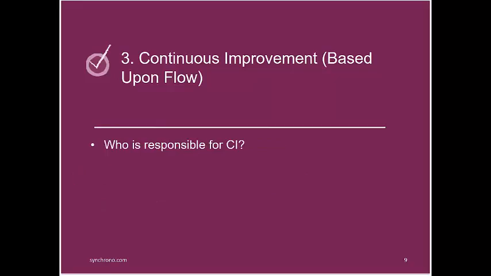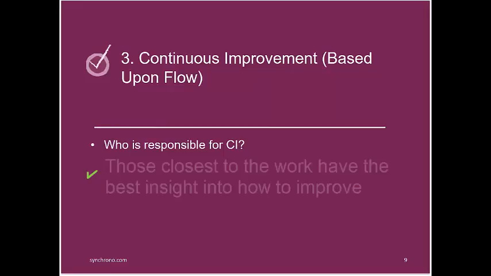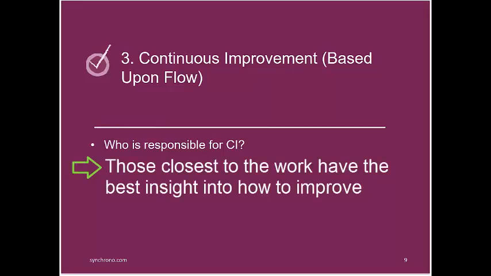The question of who is responsible for continuous improvement, one of the things that's important in a continuous improvement process is this knowledge that people closest to the work are the people who are going to have the best insight into how to improve that process. What they really need is a tool set to be able to do that.